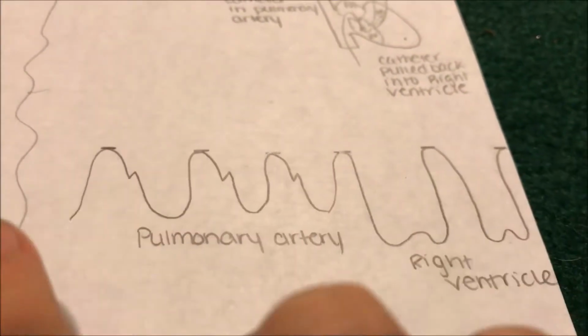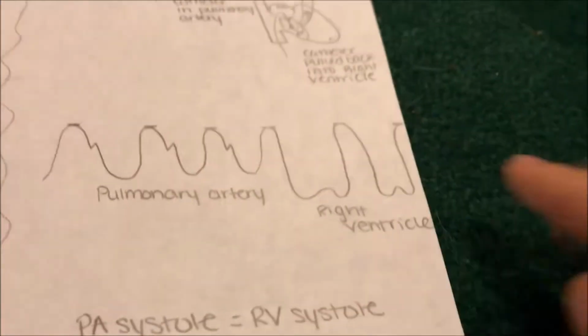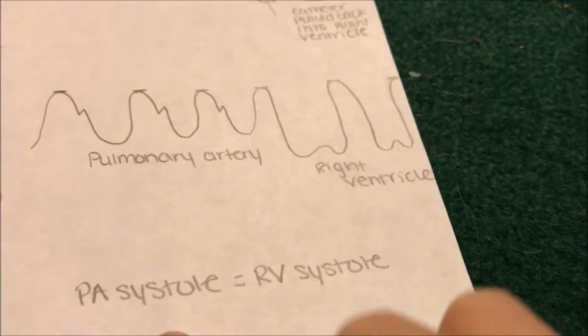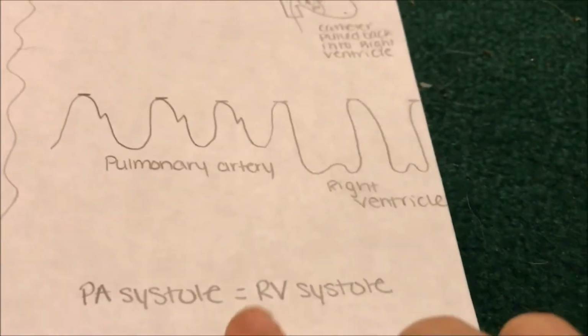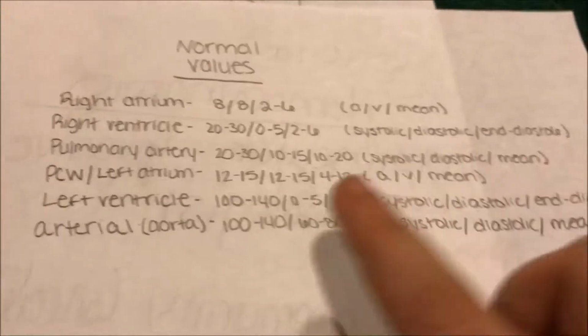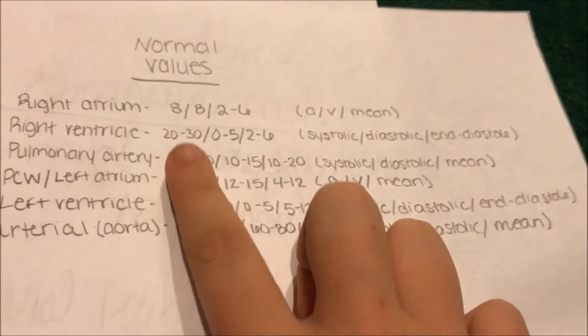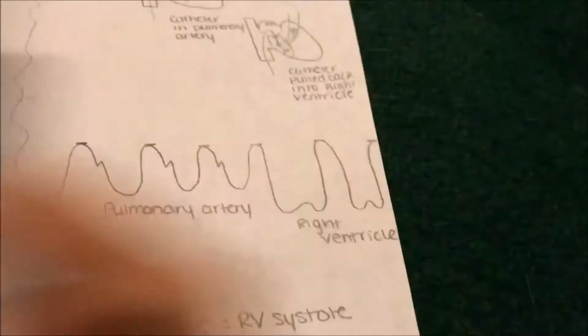So the pulmonary artery, and then we pulled it back into the right ventricle. Pulmonary artery systole equals the right ventricle systole. Pulmonary artery systole is 20 to 30, right ventricle systole 20 to 30.